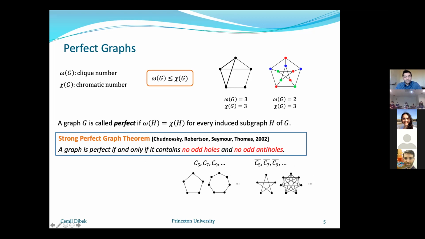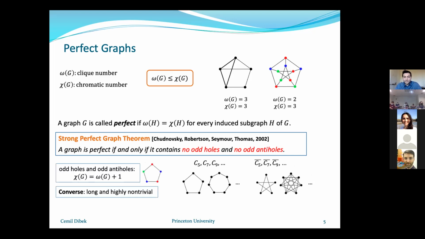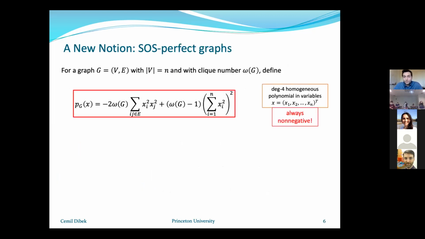And if you think about it, you will realize that indeed perfect graphs cannot contain odd holes and odd antiholes because the clique number and the chromatic number are different for these graphs. But the converse direction is the actual theorem, which is long and relies on structural graph theory, and it's highly non-trivial.